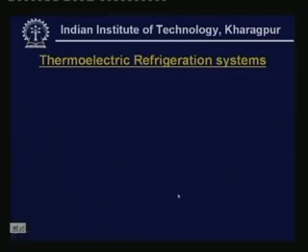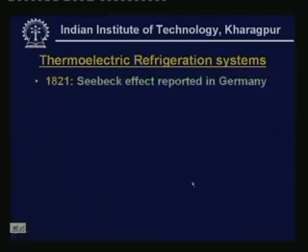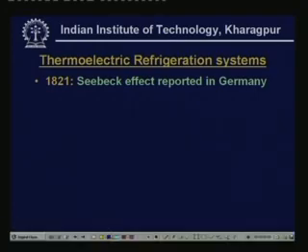Now let us look at the thermoelectric refrigeration system. First, the Seebeck effect, which was reported in Germany, and I am sure most of you are familiar with it. Anyway, let me recapitulate. In the Seebeck effect, you have two dissimilar metals, metal A and metal B, and these are the two junctions.